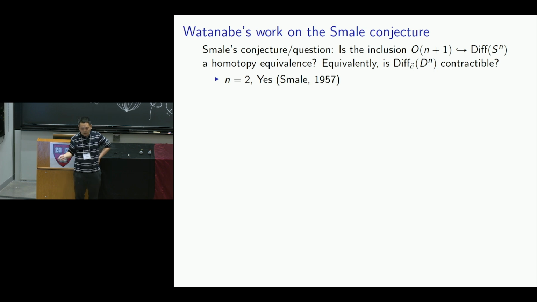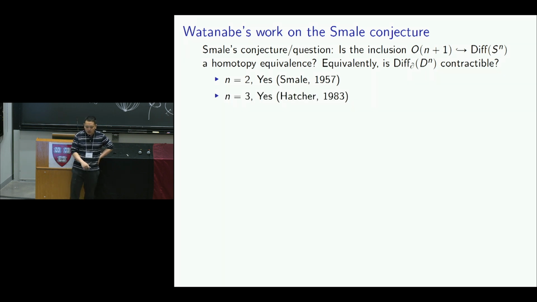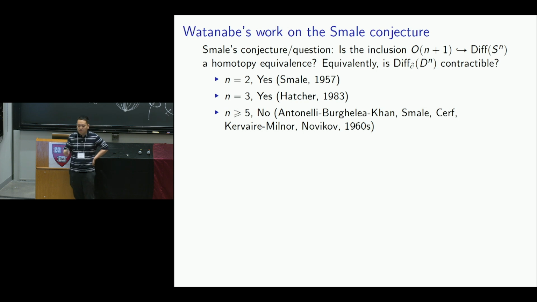So the answer depends on dimension, of course. In dimension 2, the answer is yes, proved by Smale. In dimension 3, the answer is also yes, proved by Hatcher. In higher dimensions, as I mentioned, the path components of Diff(D^n, ∂) correspond to smooth structures on S^(n+1).